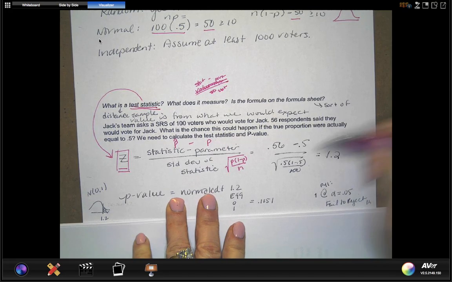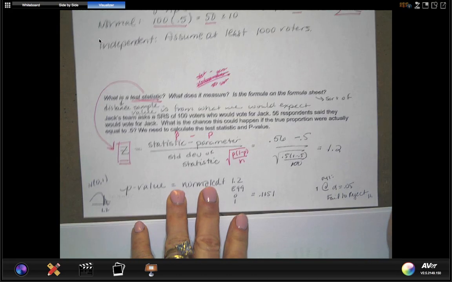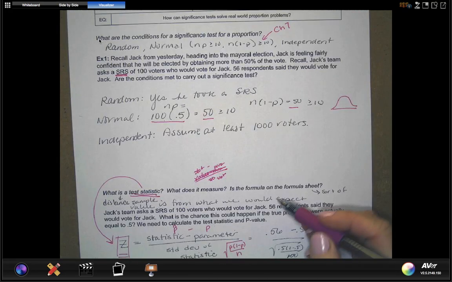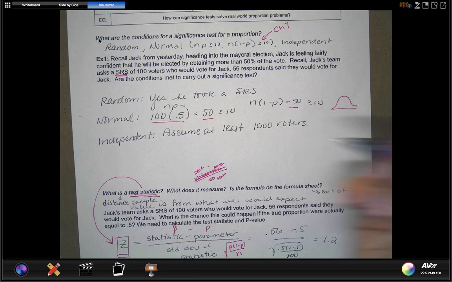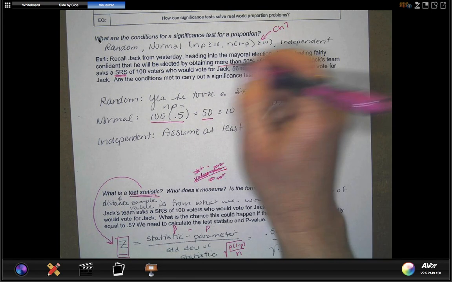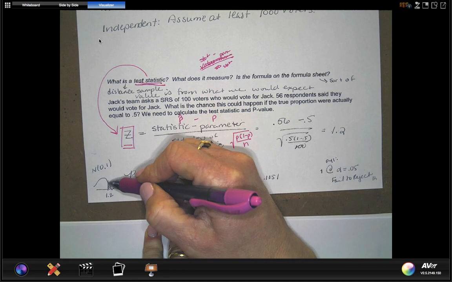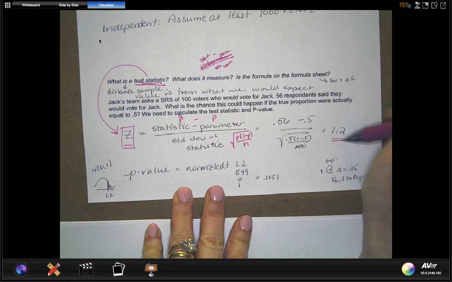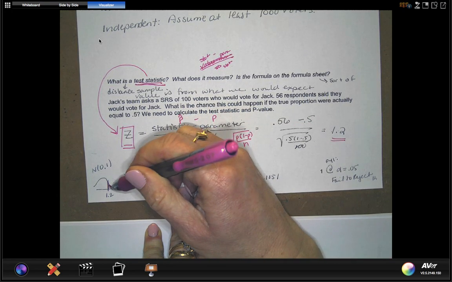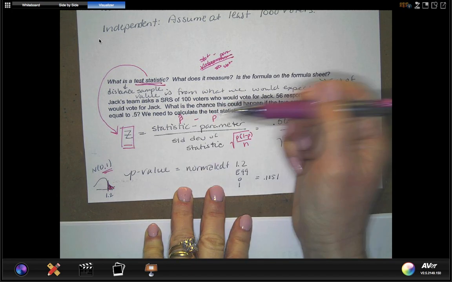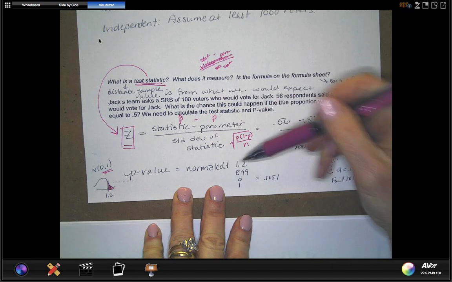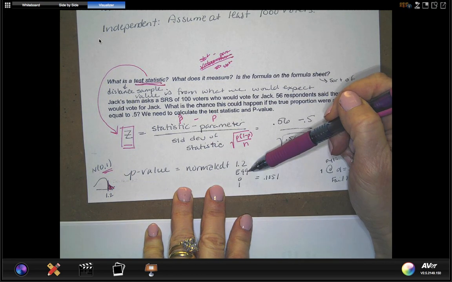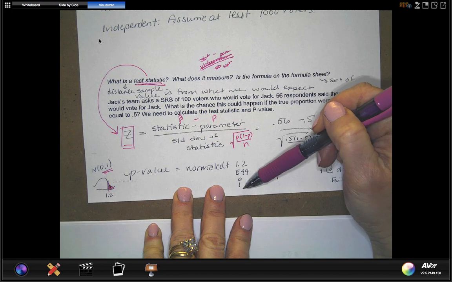So that's my z-score. So then if I want to find the probability, so remember Jack, he thought he was going to get more than 50% of the vote, so greater than that. So when I find my p-value, I want that test statistic or higher. Again, I've converted it. So I have normal CDF, lower bound 1.2, upper bound positive infinity, mean, standard deviation.